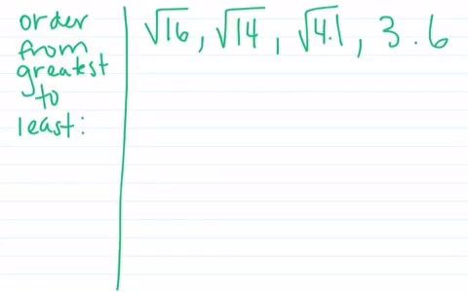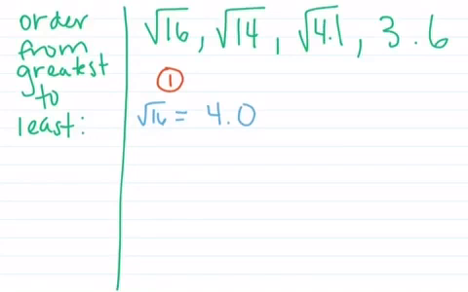Okay guys, so back to our steps. I'm going to number them here. Step 1, we want to turn everything into a decimal. Okay? So, square root of 16. What is the square root of 16? 4 times 4 is 16, so it's 4.